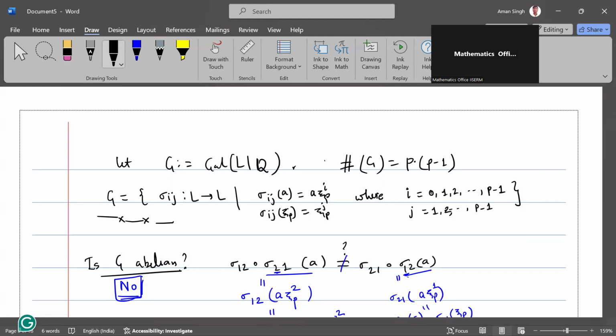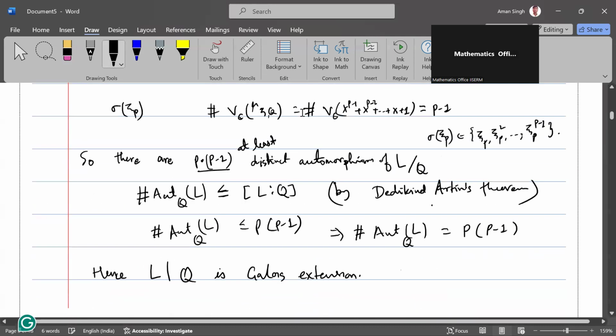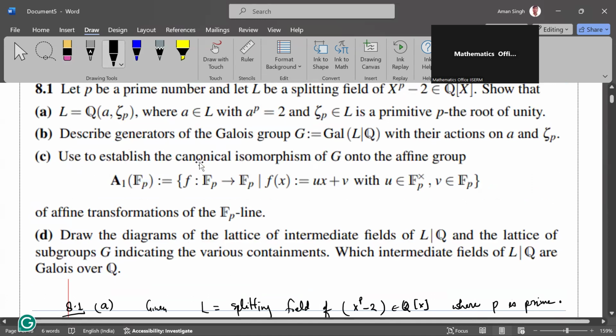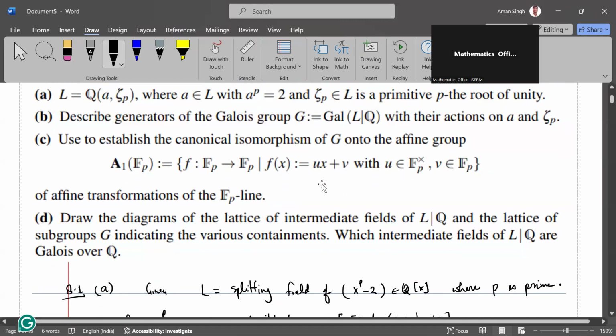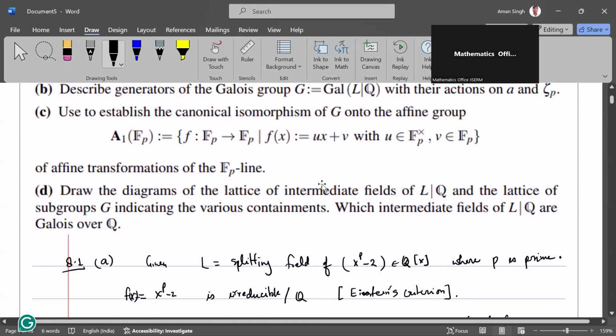This is part B completed. Is this part B? Yeah. So I'm not going to write explicitly the generators of G because we don't know that G is non-abelian, and so we are not sure what they will be.